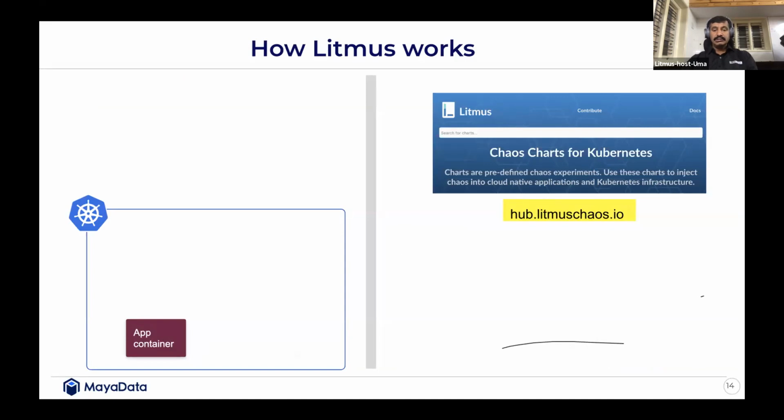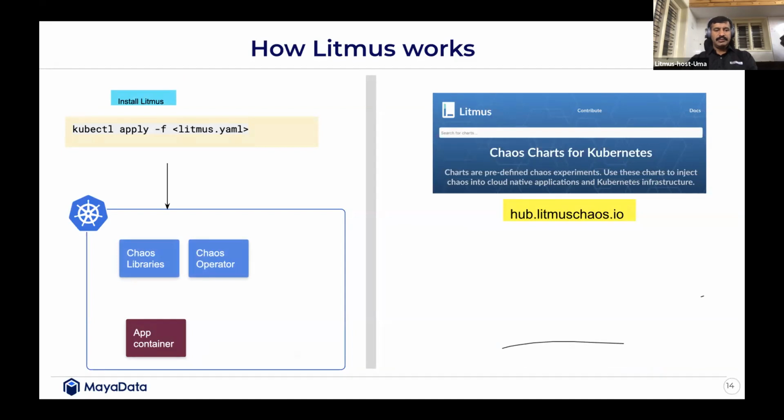So how Litmus works, and how anybody can use it: you will have readily developed experiments on the hub, and you install Litmus using a simple YAML operator. That installs the operator as well as the chaos libraries. Then you pull in the charts, and the charts are installed onto your Kubernetes cluster.